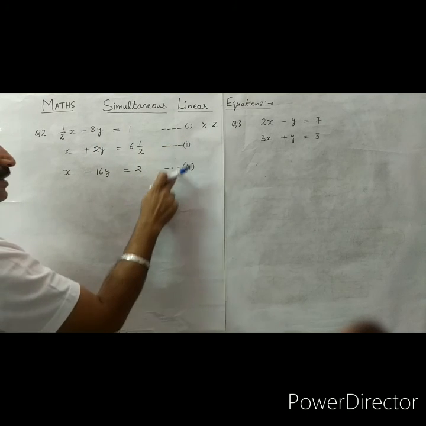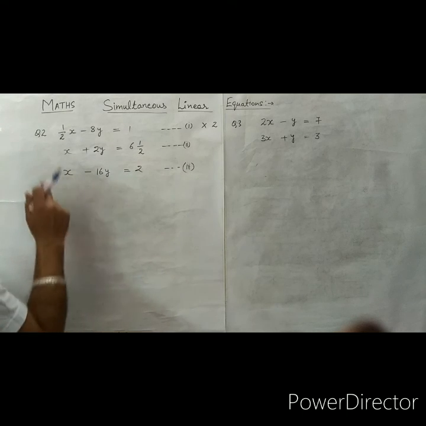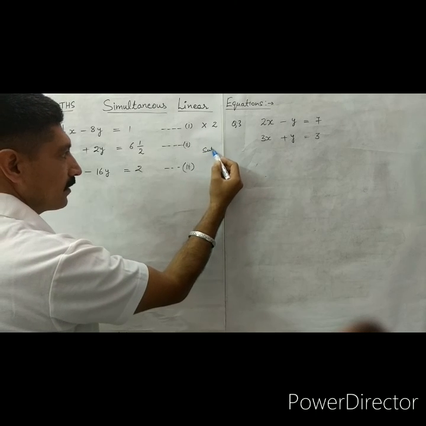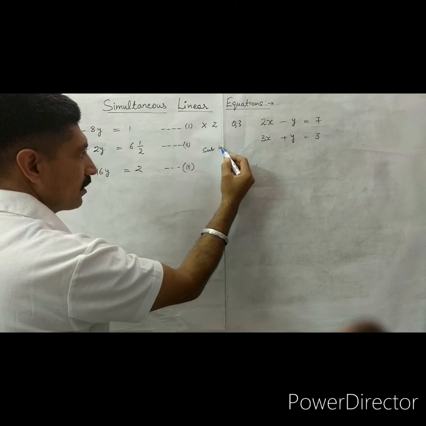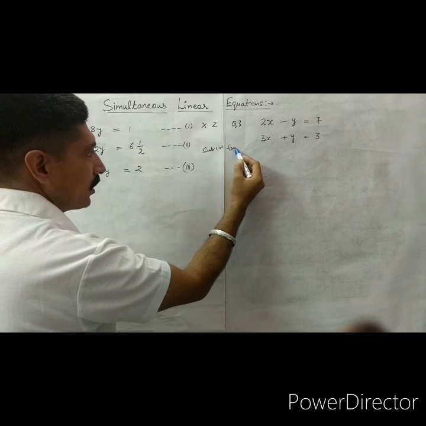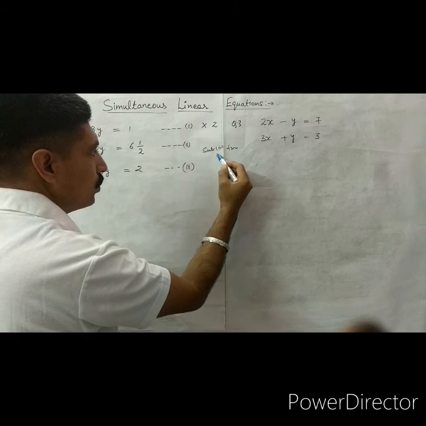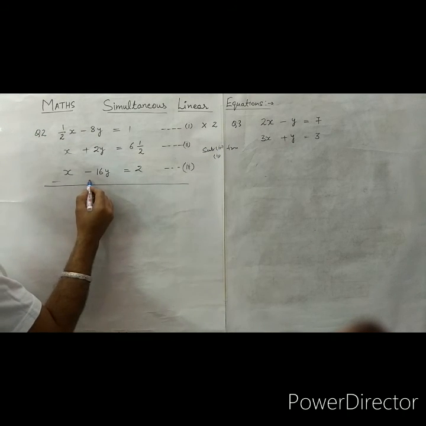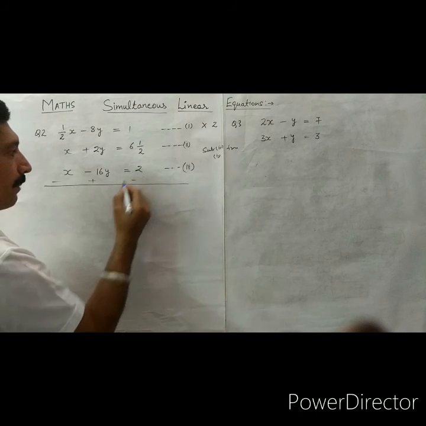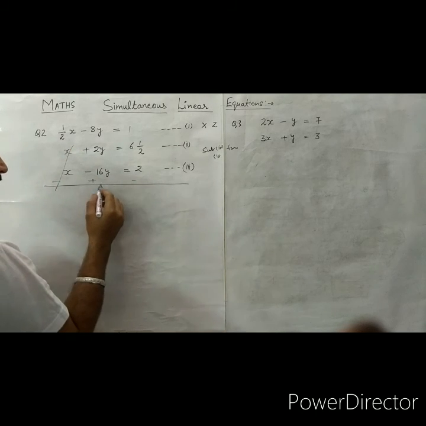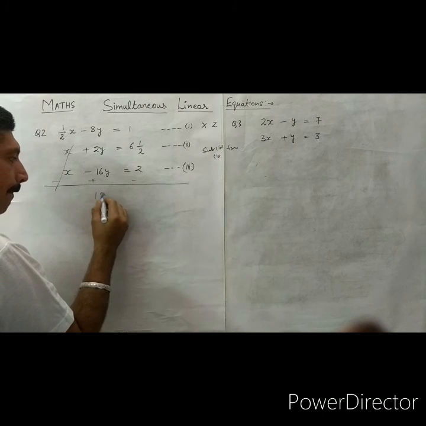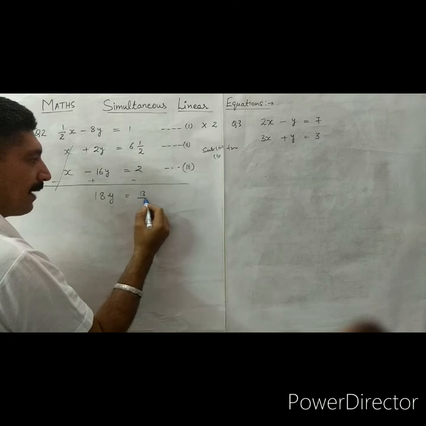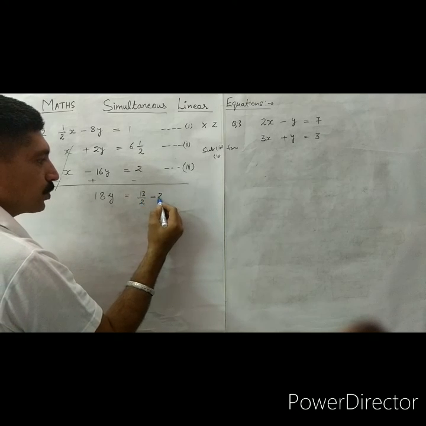Now from 2 and 3, if we go for elimination, we subtract equation 3 from equation 2. We get 18y is equal to 13 by 2 minus 2.